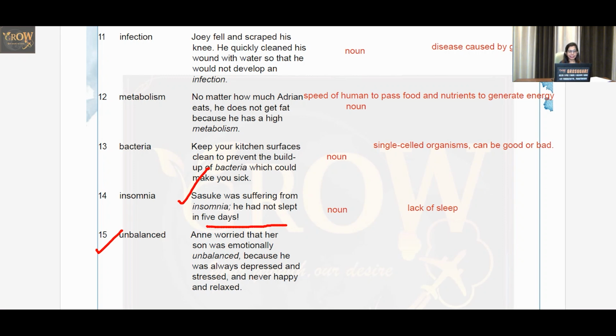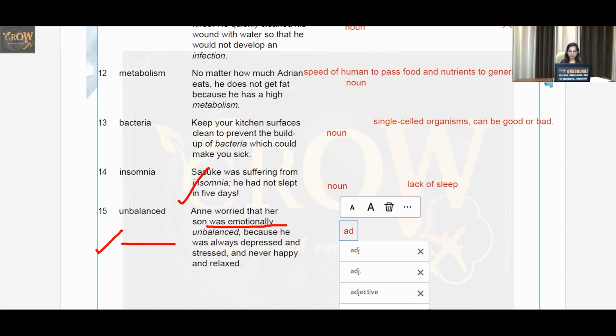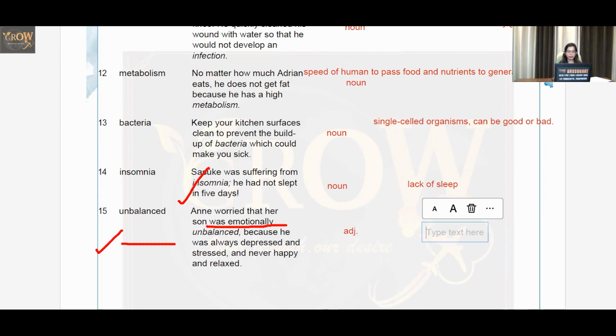15th and the last one is unbalanced, right? Unbalanced is an adjective. That means we are telling the speciality of something, that this thing is unbalanced, not in a balanced situation. So we can say lacking balance. All right, let's see the example of unbalanced.